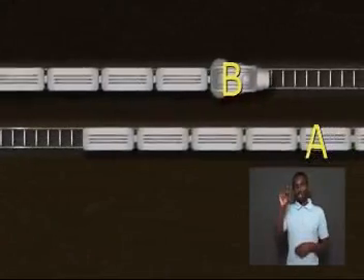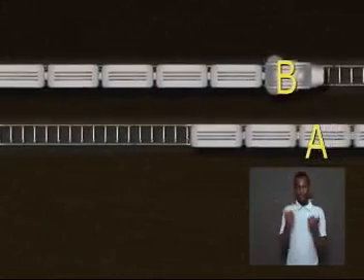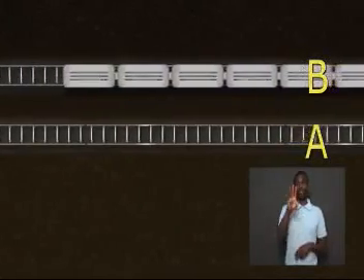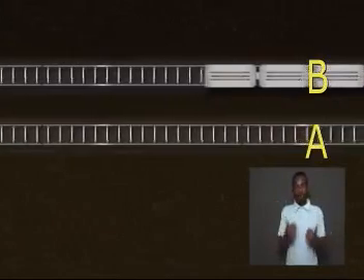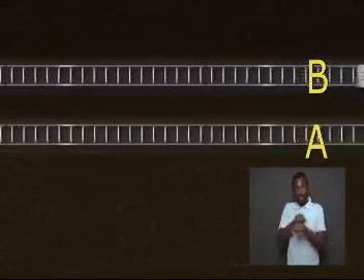If the train lengths are each 200 meters, then find the time elapsed and the ground distance covered as one train overtakes the other. Students, let's get ready.